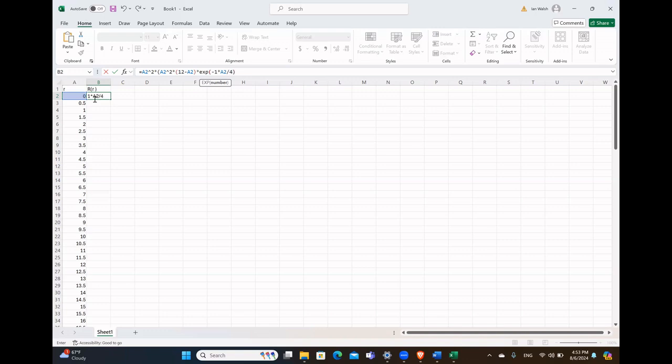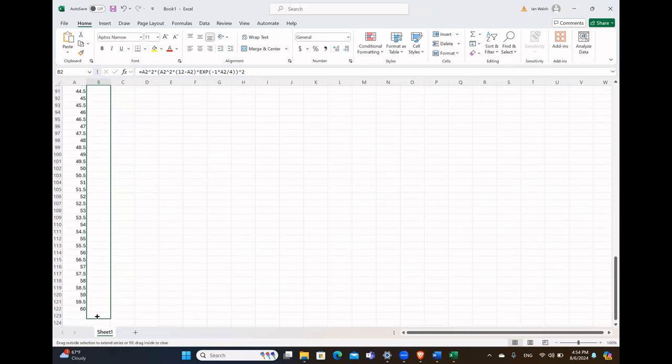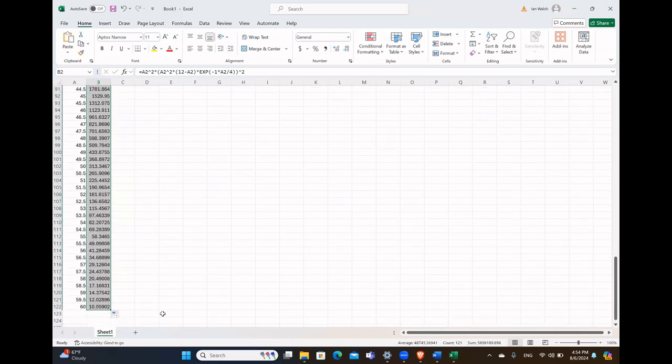And so again, in leaving off the a naughts here, every instance of x over a naught, I have r over a naught. So my r is in terms of a naught here. We'll close off the parentheses, we'll square that, and now we should get our function. So we'll drag this all the way down here.